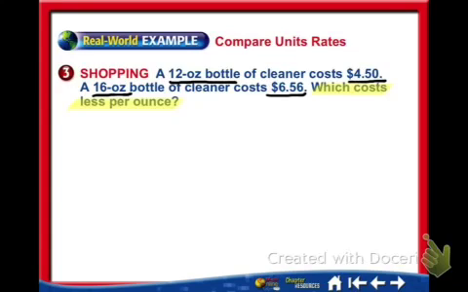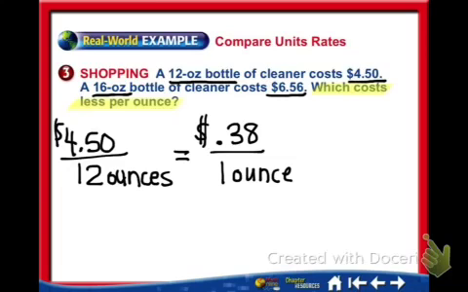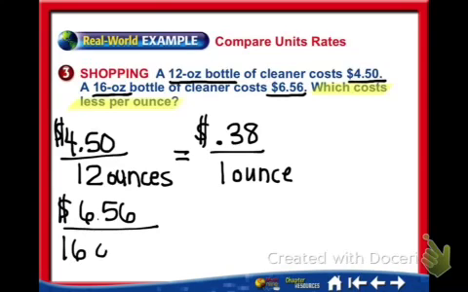The first thing I want to do is find out what the unit rate of each bottle is. To do this, I'll take $4.50 and divide it by 12 ounces. When I divide this, I'll get 38 cents per 1 ounce. We'll do the same thing for our 16-ounce bottle. $6.56 for 16 ounces.